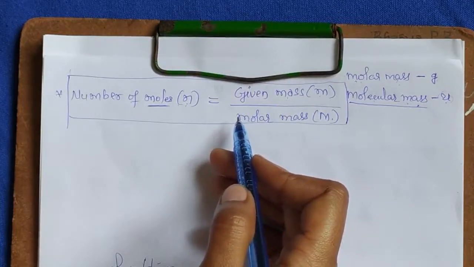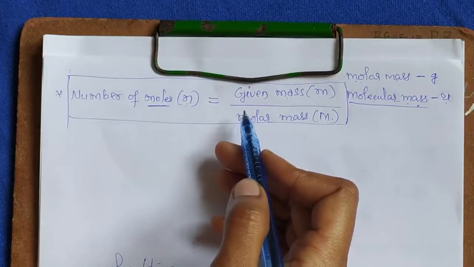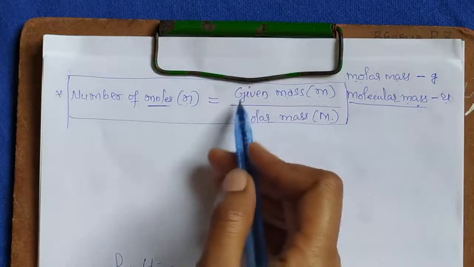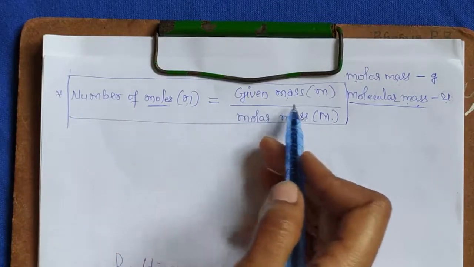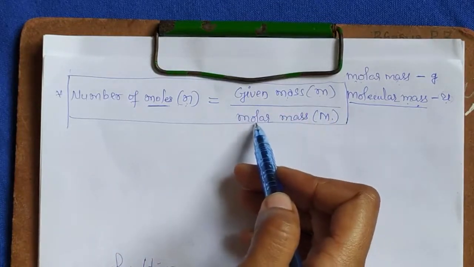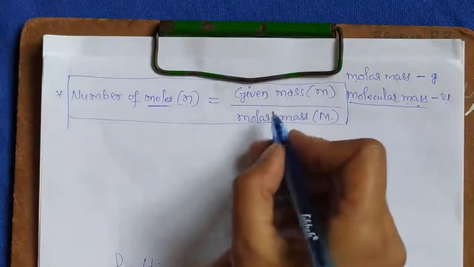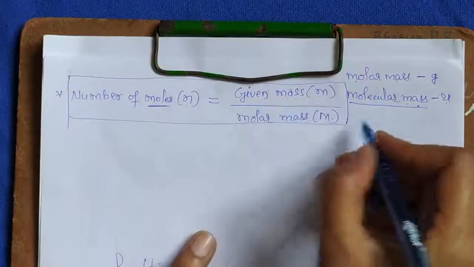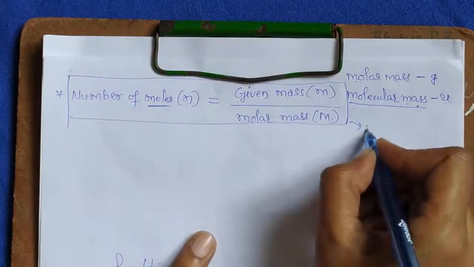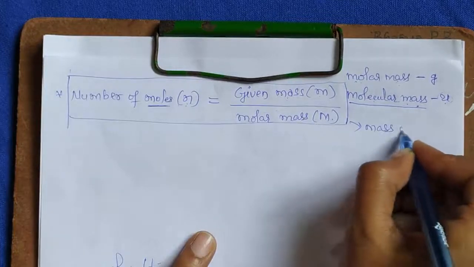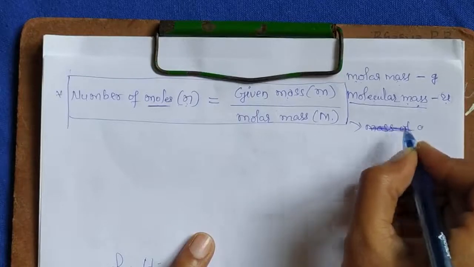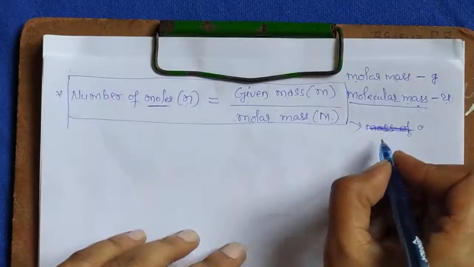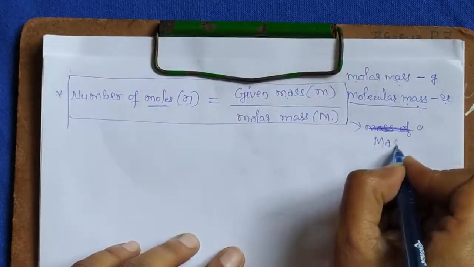Number of moles is equal to given mass divided by molar mass. This formula is used when the quantity or the amount of a substance is expressed in terms of mass.